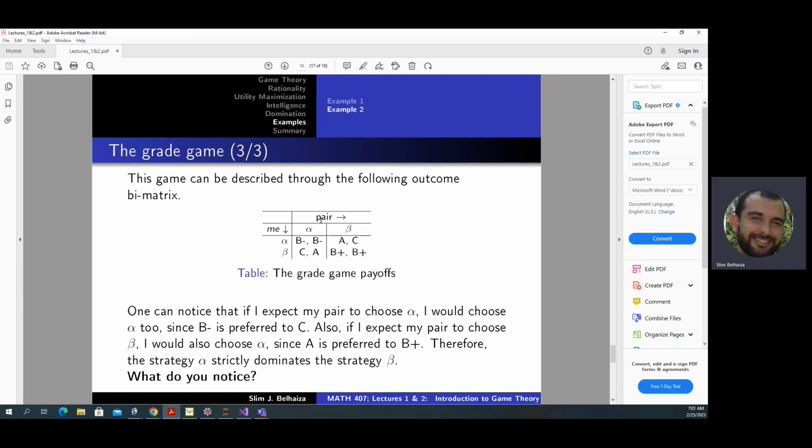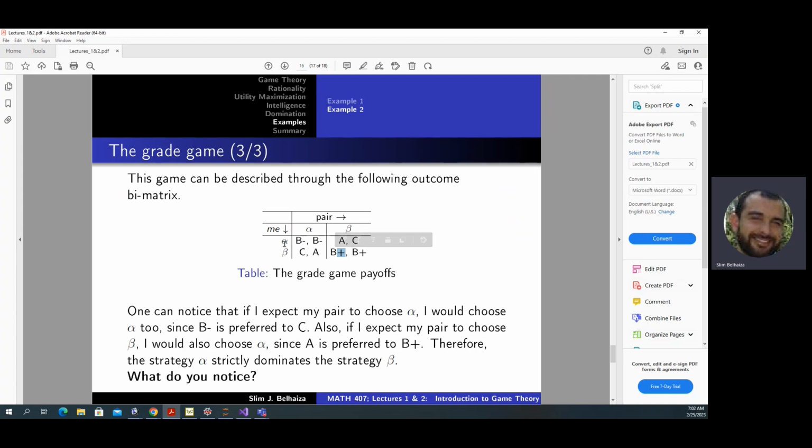So this is me playing, this is my pair. This is what we get if both play alpha, this is what we get if both play beta, and this is the situation where I play beta and my pair plays alpha: I get C, he gets A, and it's kind of symmetric. When he plays beta and I play alpha, I get A, he gets C. So one can also notice that if I expect my pair to choose alpha, I would always choose alpha because I definitely prefer B minus to C. And also, if I expect my pair to play beta, I will always prefer A to B plus.